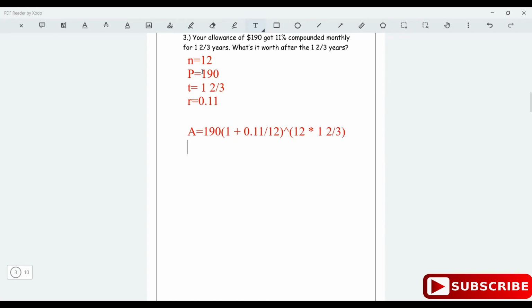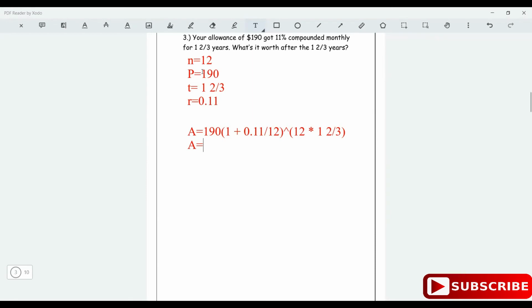And so what we end up getting is the amount is equal to 190 times 1 plus 0.11 divided by 12, all of that raised to the 12 times 1 and 2/3.